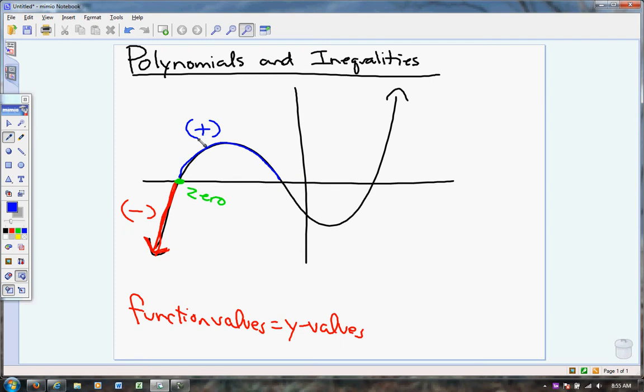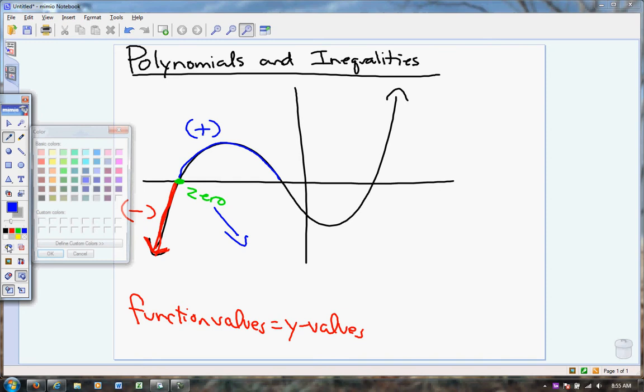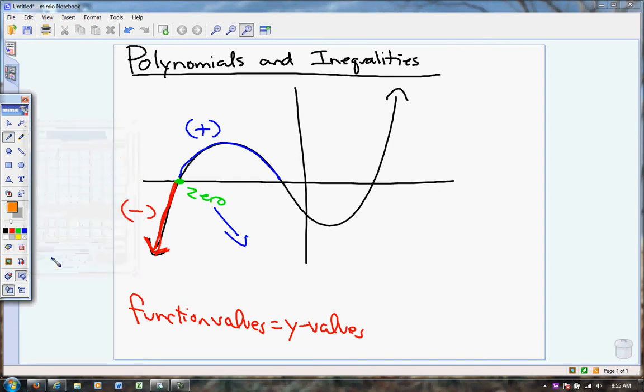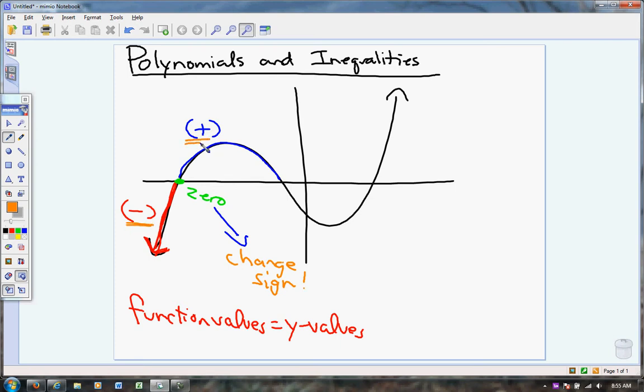So one of the things that's important that I want you to see right here is at this 0, the function values change sign. The function values change from a negative to a positive. All right?